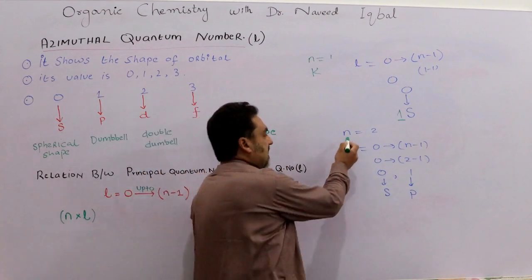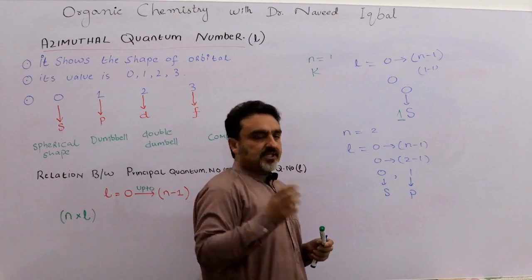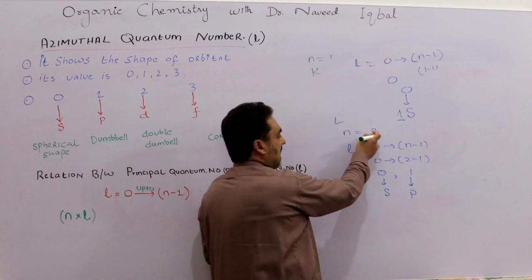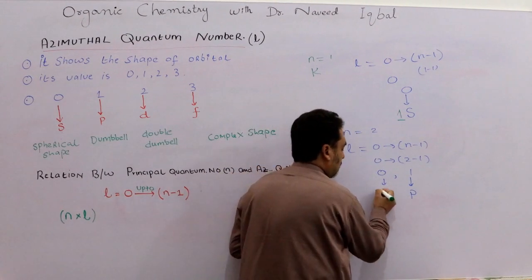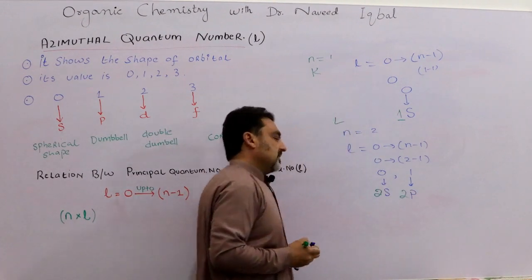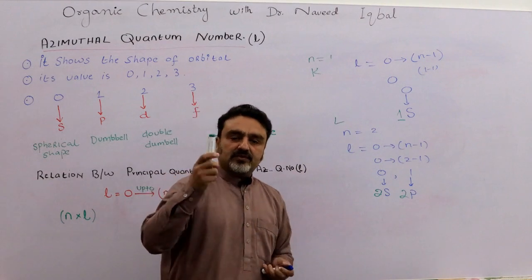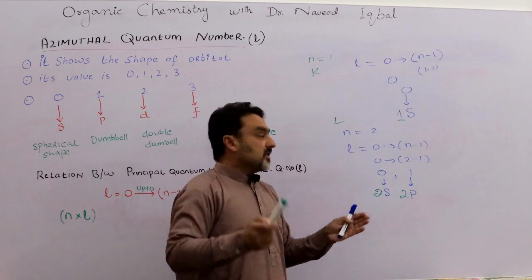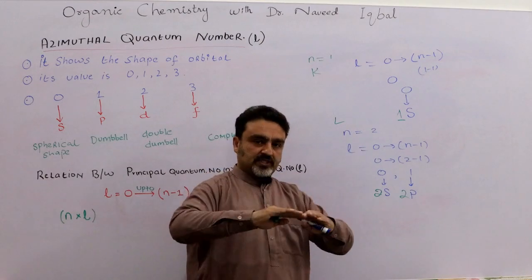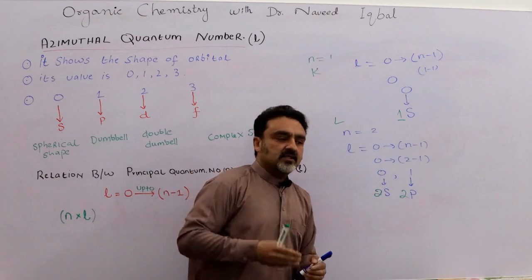As n is equal to 2, it's the L shell, so you put the 2 before the s and p to make it clear which shell we are talking about. So the L shell has two shapes in it: one sphere and a dumbbell.